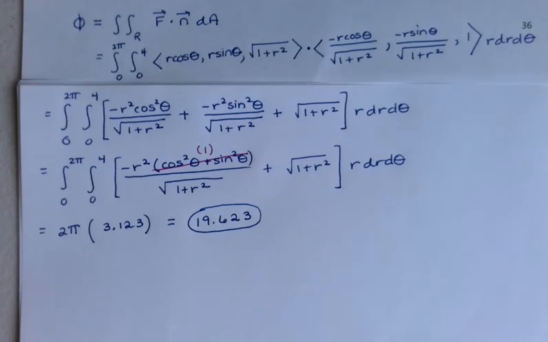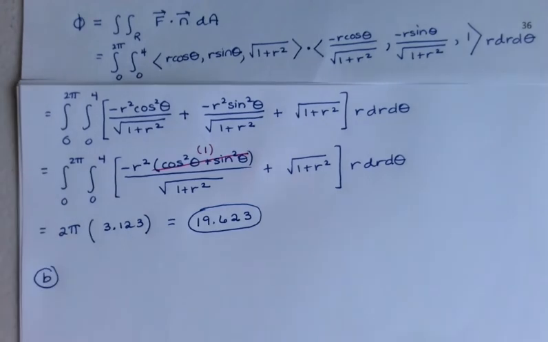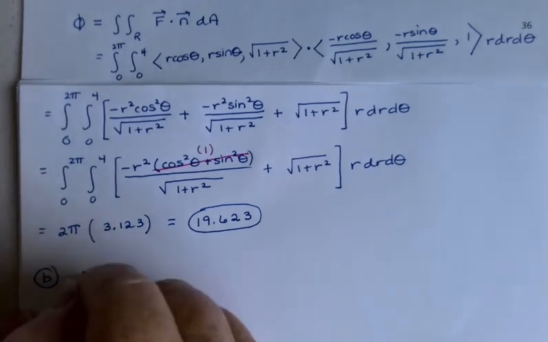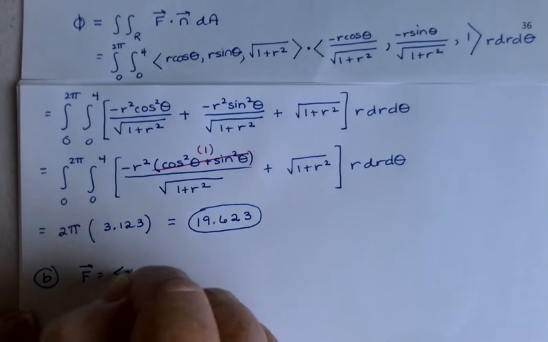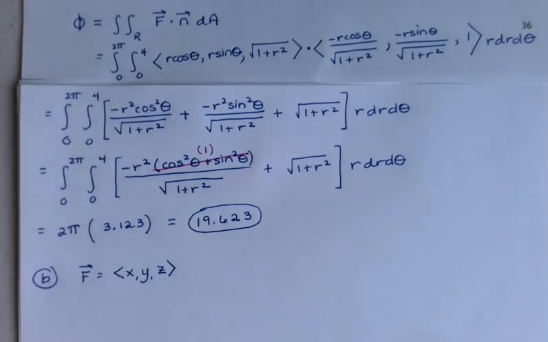Okay, the next part, part B of this problem, asked us to use the same vector field. So F is still x, y, z. And I won't flip back, but you can look if you like.